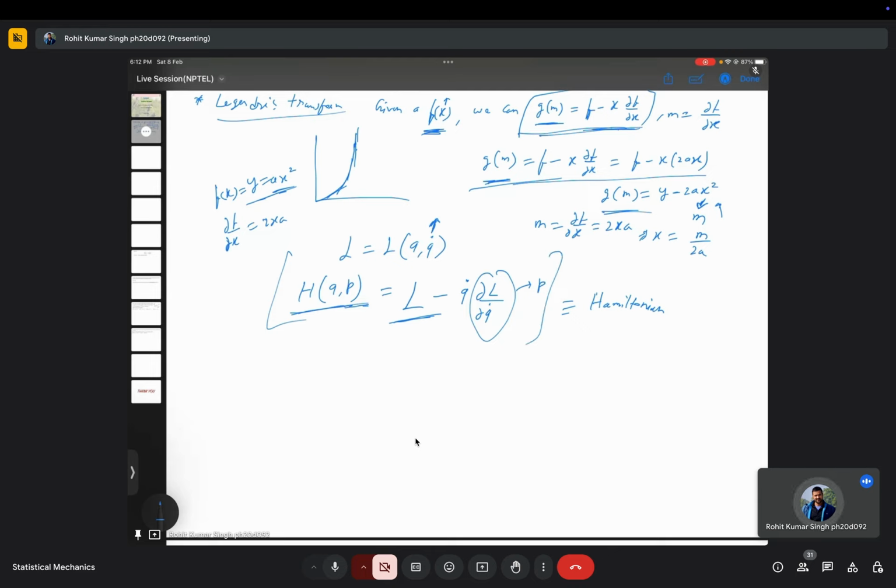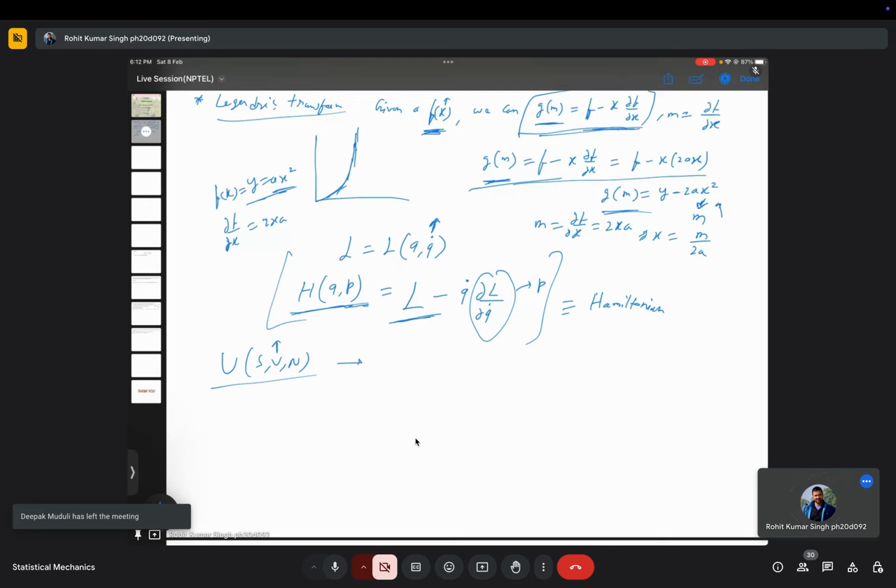Now in thermodynamics, similarly, we can have different kinds of potentials. Potentials are basically thermodynamic functions. For example, if you have the internal energy U(S,V,N), the internal energy is a function of entropy, volume, and particle number. And if you want, you can replace V in this internal energy with some other quantity.